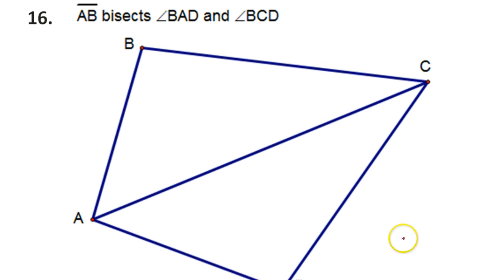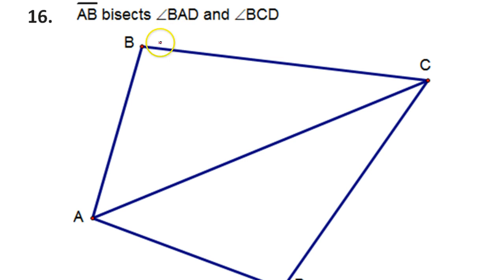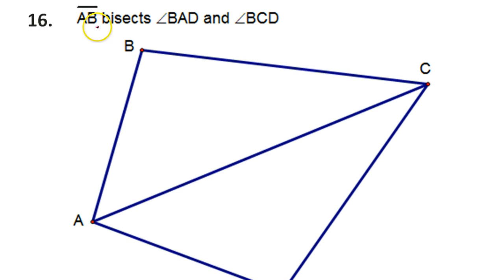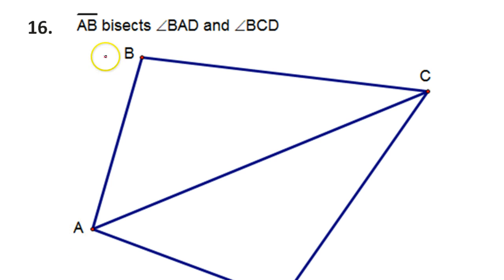In number 16, AB bisects angle BAD and angle BCD. To bisect means to cut in half. So if AB bisects BAD, that doesn't actually make sense.